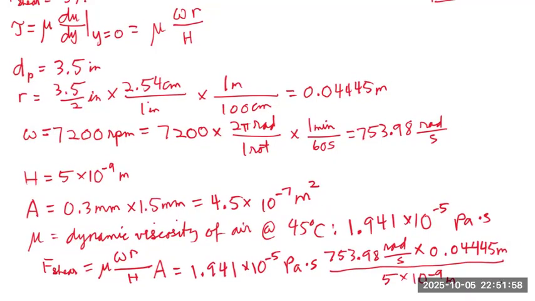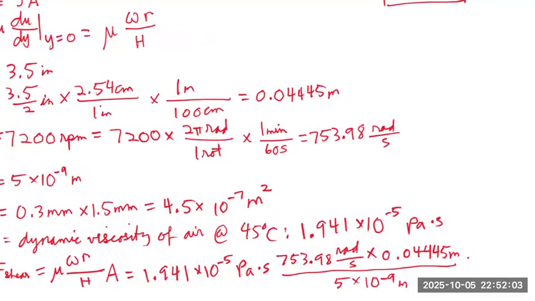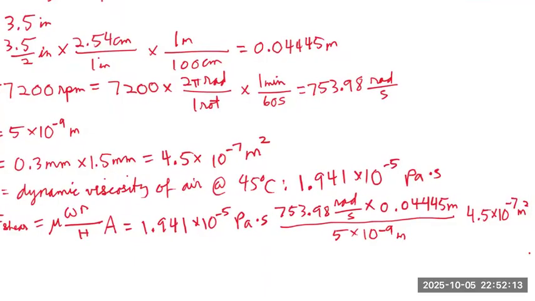Then the area is going to be 4.5 times 10 to the negative 7 meters squared. Calculating this all out, let me plug that into my calculator and get back to you guys.